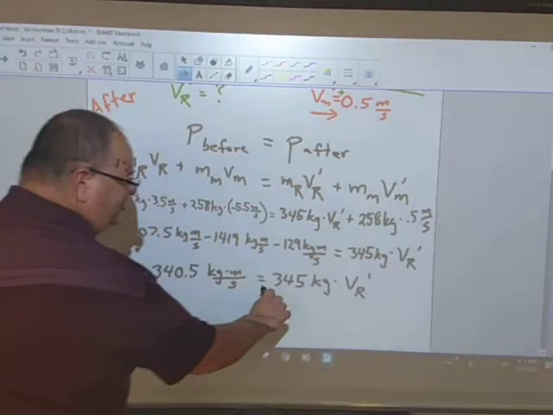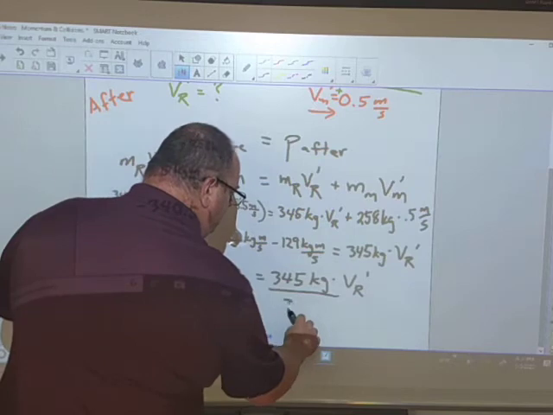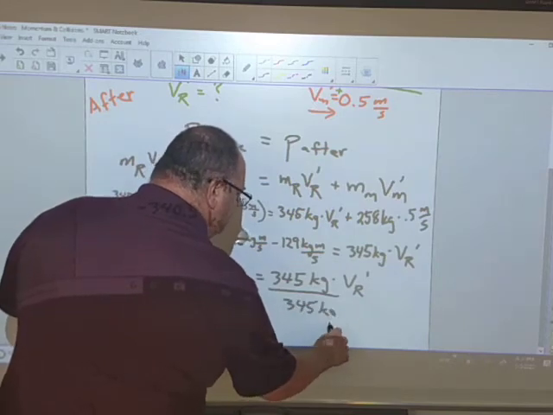Now to get VR prime, I'm just going to divide both sides by 345 kilograms.